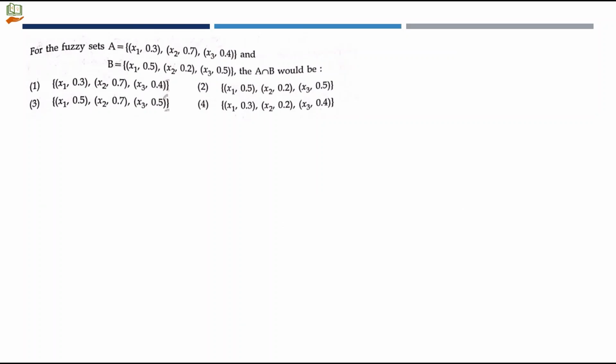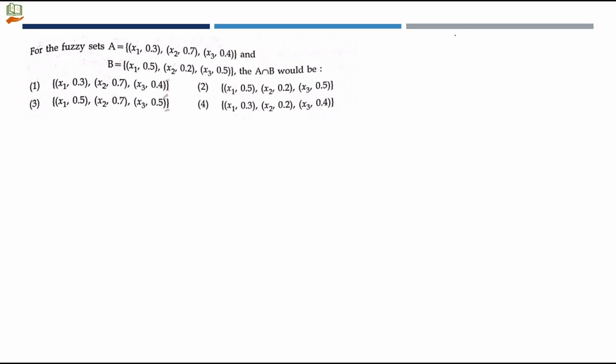Next question. For the fuzzy sets, they are given two sets here. They are asking for A intersection B. In the classic sets, A union B will be joining the sets A and B. A intersection B will be whatever is common in between A and B, those elements will be intersecting elements. Regarding fuzzy sets, the concept is different.